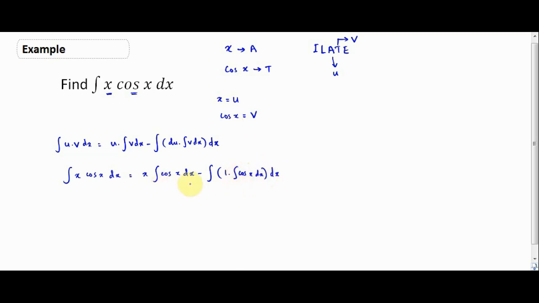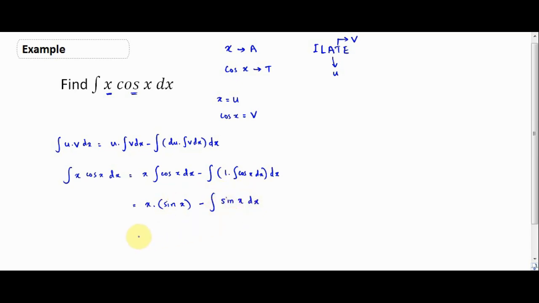Now let's apply integration. Here we have x into integral of cos x dx. Integral of cos x is sin x, so we get x into sin x here, minus integral of 1 into integral of cos x dx. Integral of cos x dx is sin x, so we get the second term as integral of sin x dx.